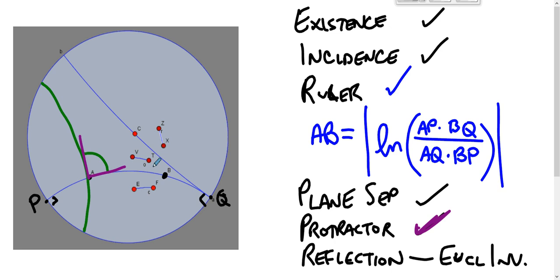Points on the inside go to the outside, points on the outside go to the inside. Oh golly, I've so misspoken. When we reflect over AB, we do a Euclidean inversion in this orthogonal circle. All of the points inside the orthogonal circle go to the points outside the orthogonal circle and vice versa. So Euclidean inversions do the job for us the way we want them to do the job for us.